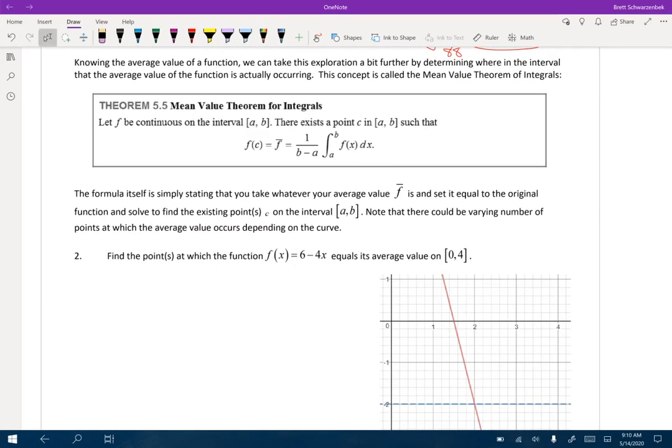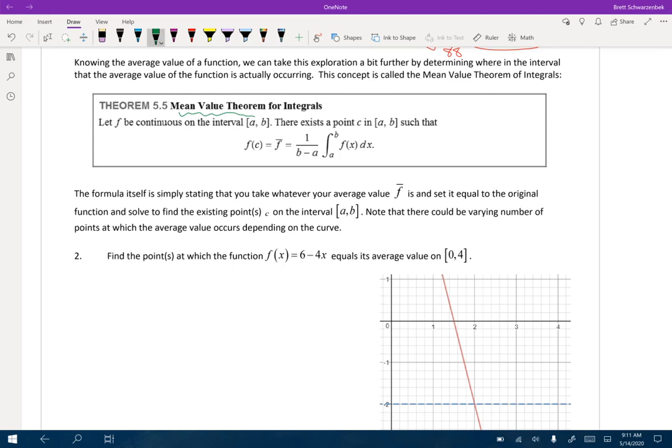The remaining part of the section will concentrate on what's called the mean value theorem for integrals. I don't actually call it that. As a matter of fact, I try to rule against using this term just because I want you to associate the MVT, the mean value theorem, with the previous section with Rolle's theorem and all of that. I just basically refer to this as an extension of average value of a function.